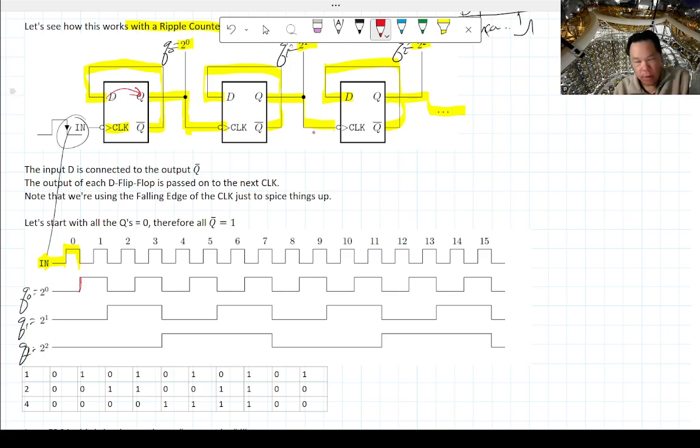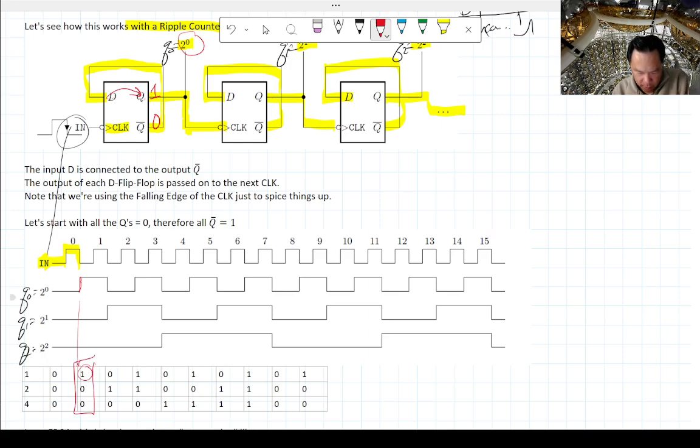And then nothing happens to the rest of the counters because there's no clocks connected to them. But when this goes to 1, the Q bar goes to 0, because they always have to be opposite of each other. That means you now have 2 to the 1 power here. I tried to line these up, where now the binary value is going to be 1, 0, 0.